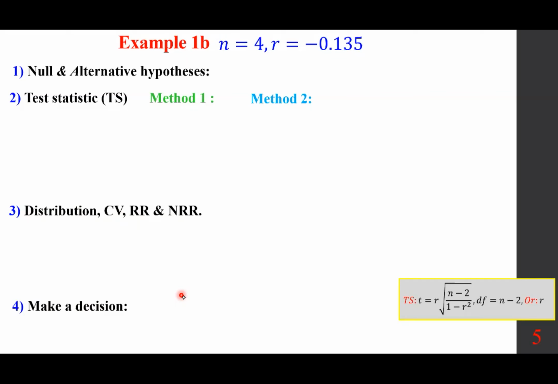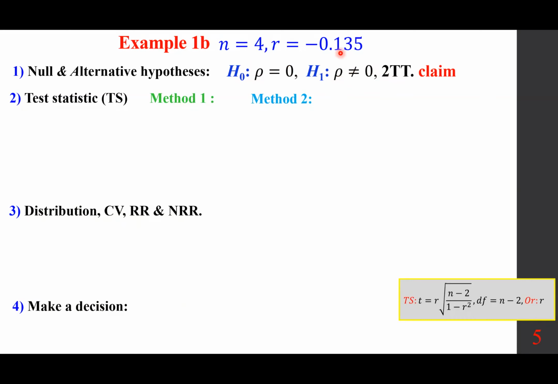So the very first step, we write H0, rho is equal to 0. H1, rho is not equal to 0, which makes a two-tailed test, and that is the claim. This means if we reject H0, we go with H1, and that represents that there is a correlation.